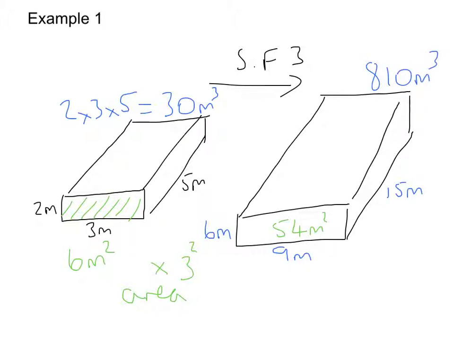What's happened with the scale factor here? Well, 30 multiplied by 3 cubed. 3 cubed is 27, and 30 times 27 is 810. So our scale factor for our volume again is cubed.